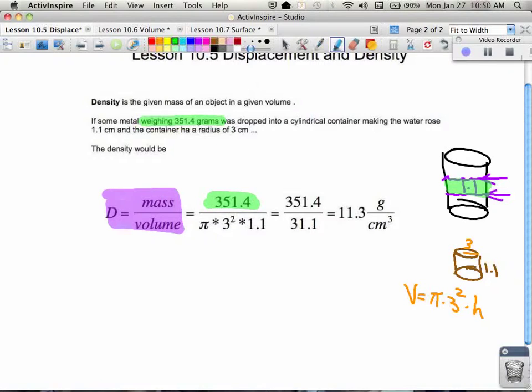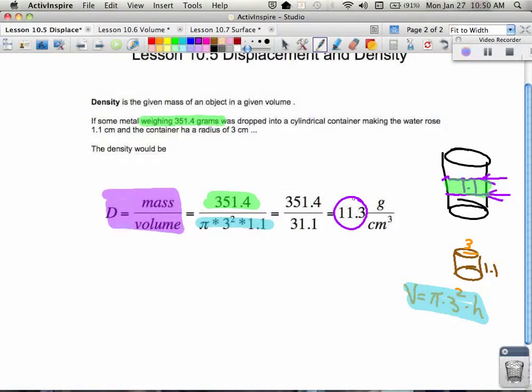And that information that we see down below here, this volume of the change, is what you see down below here in the fraction. And when you divide those two numbers, you get an end result for the density as 11.3. And I want to point out that you have to be careful about how you label things.